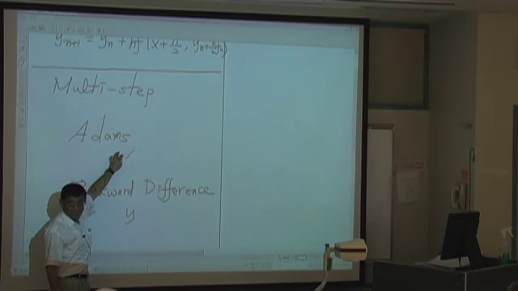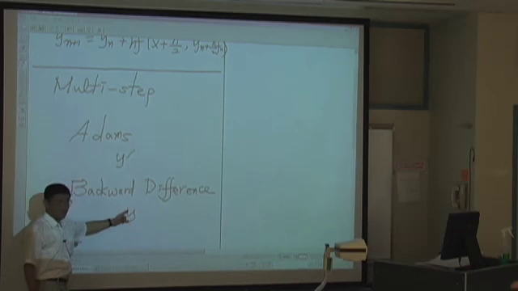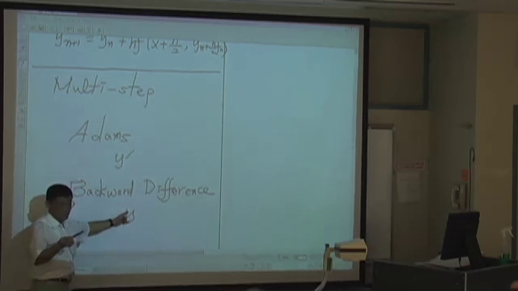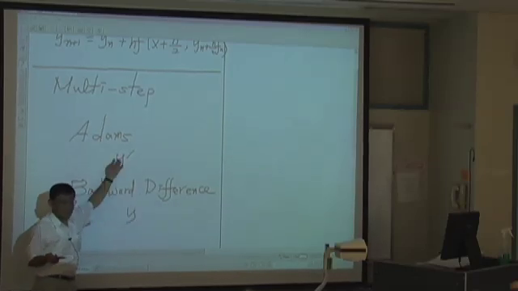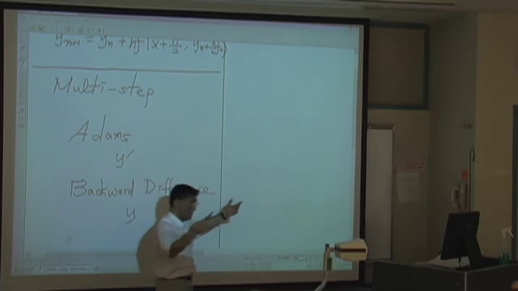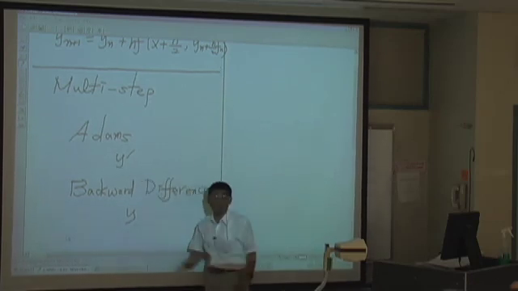If you interpolate this thing to find y, you should integrate. Backward difference method interpolates y. So after interpolation, to use differential equation, you should differentiate. So this is the similarity and difference. Both interpolate, but Adams interpolates y prime, backward interpolates y.